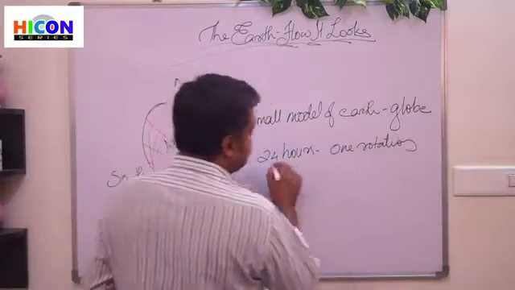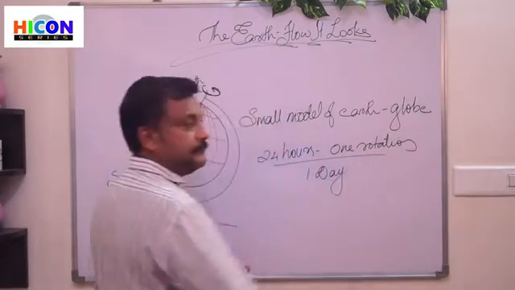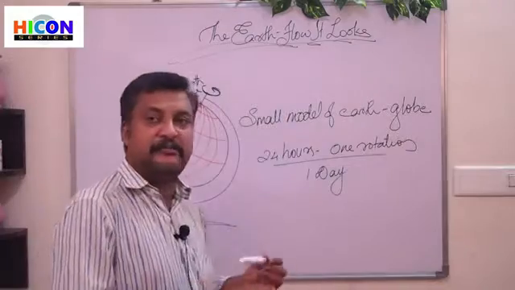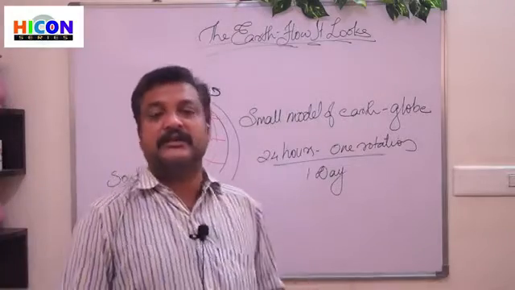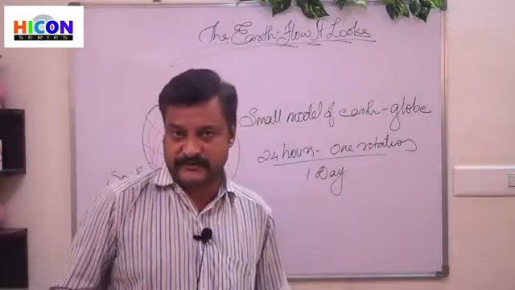And that is the time what we call as 1 day. So what is 1 day? 1 day is the time taken by the earth to complete one complete rotation on its axis.